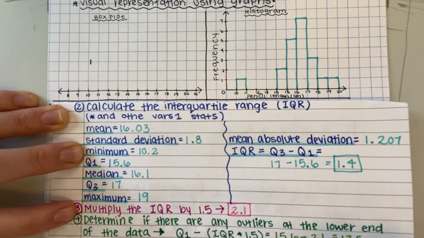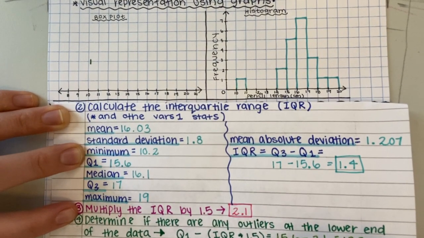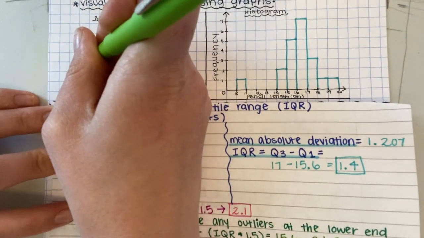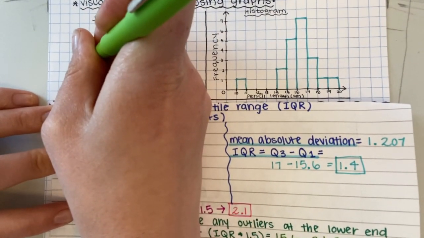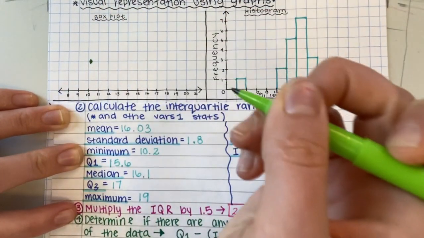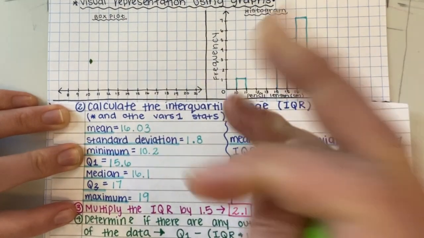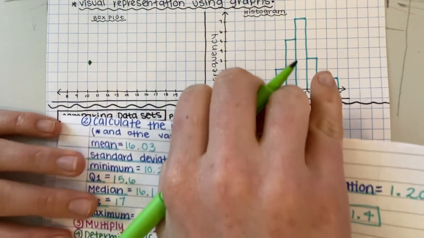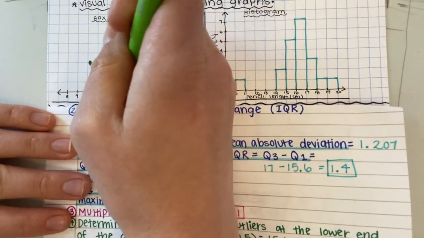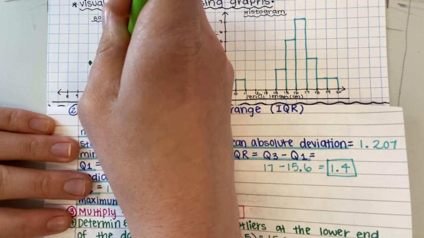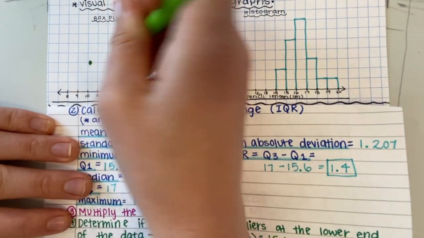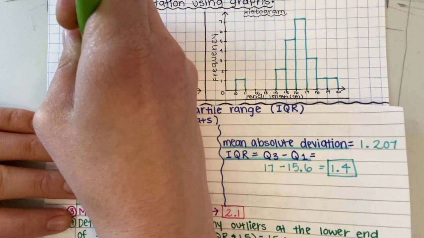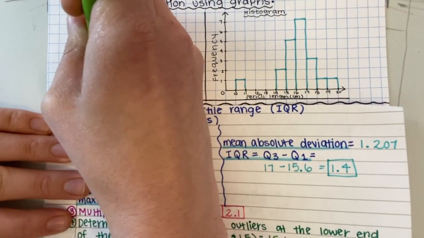But that is an outlier, so that can just be a minimum as a dot, and then your whisker can start at the next smallest value. If we did it like that, our whisker would start at 14. This is just a way to show an outlier. So this is my outlier. It is my minimum.